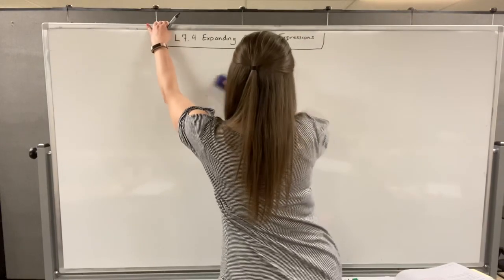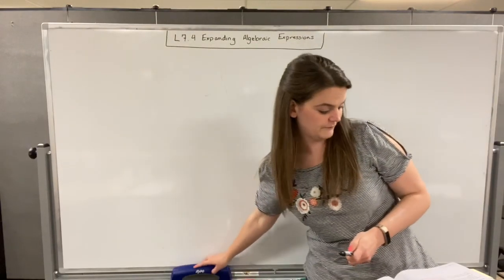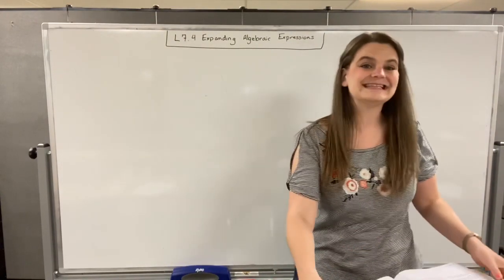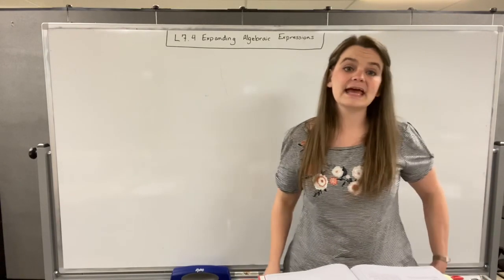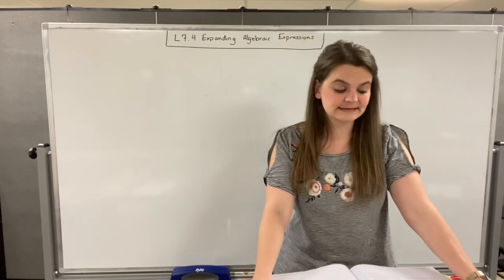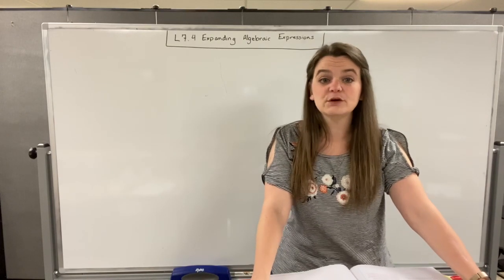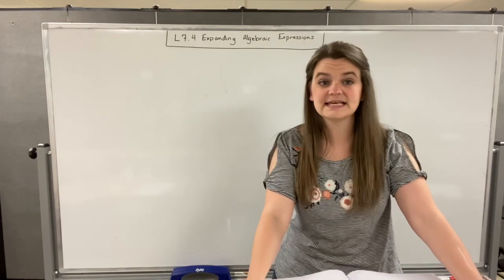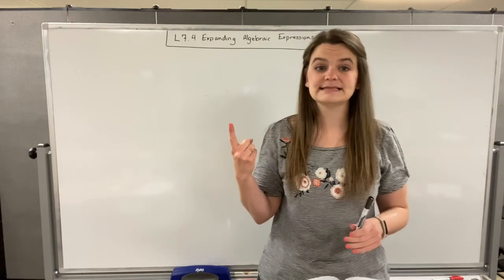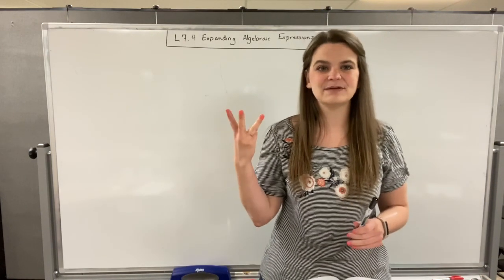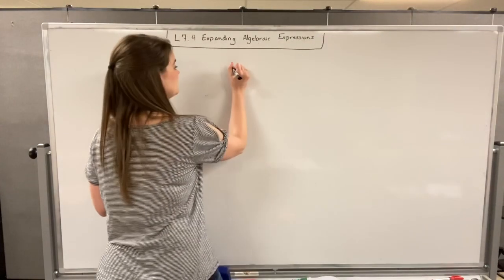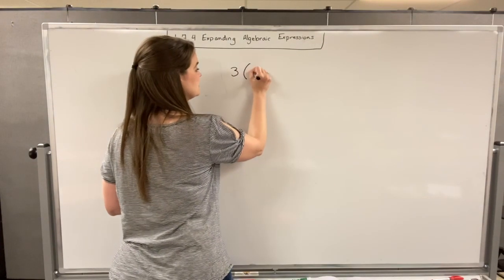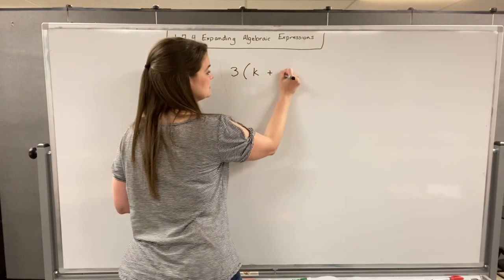Turn the page and look at the top of page 240. It says to expand 3 parentheses, K plus 6 parentheses. So this means 3 groups of K plus 6. So K plus 6 plus K plus 6 plus K plus 6, right? Or let's just distribute that 3 parentheses, K plus 6.